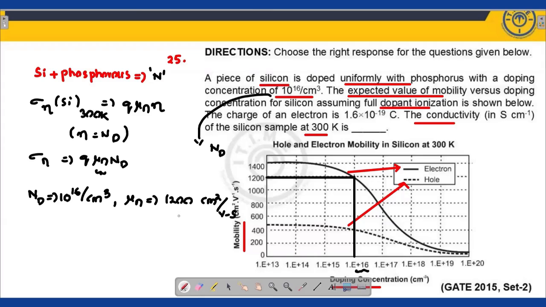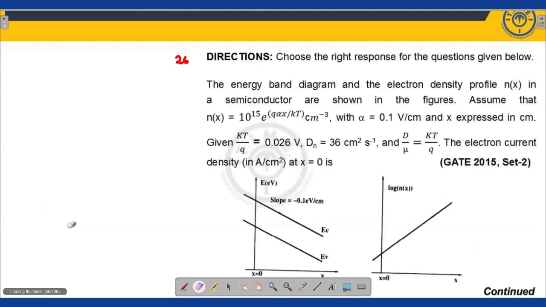Now the values we already got, you need to substitute. Here the space is not enough, so I am going to do it over here.